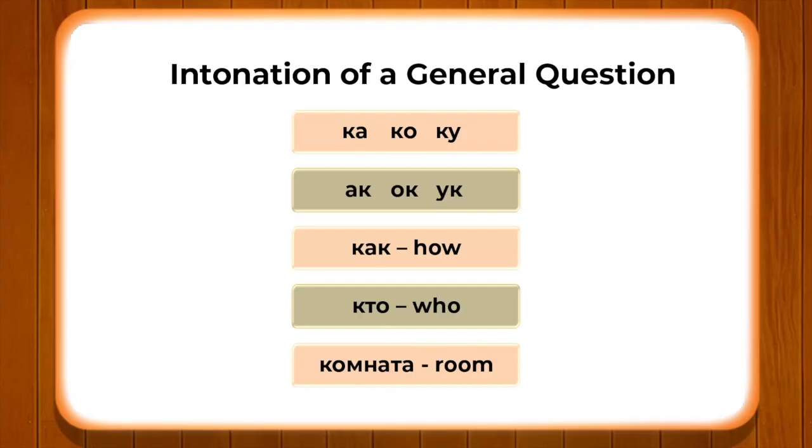As you know, kak means how, kto means who, and komnata means room. So, here we have different sound patterns as well as different words and meanings. Based on these words, you can also make your own simple, interrogative and affirmative sentences.